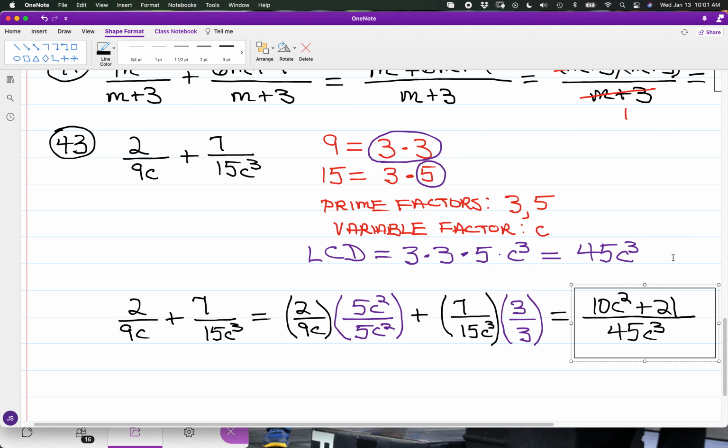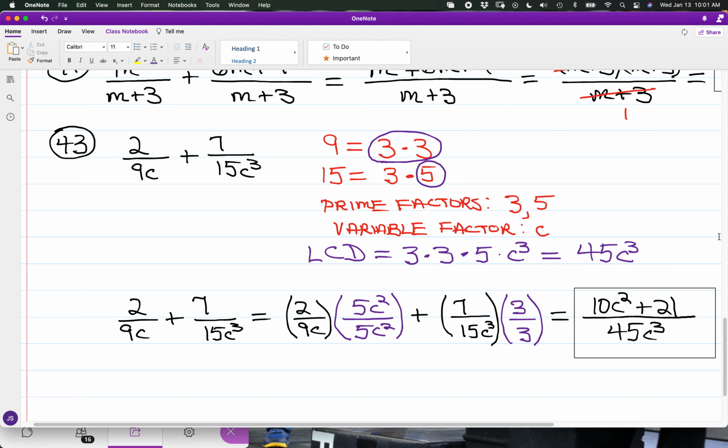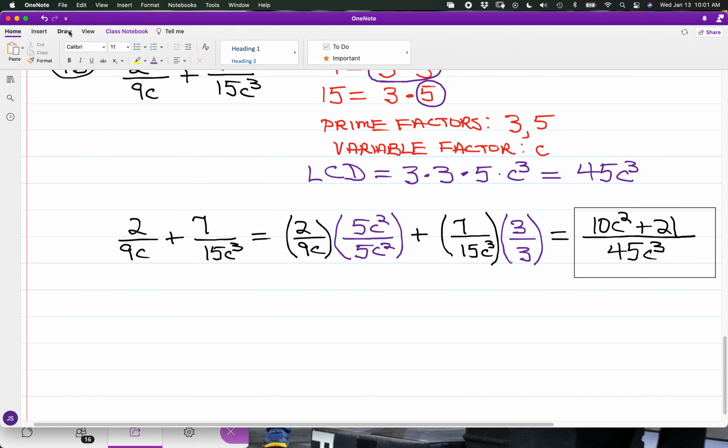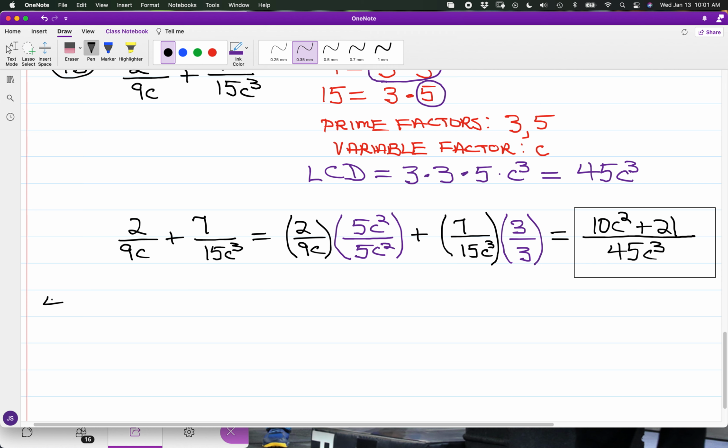Right. Now we have monomial or single term denominators as well as binomial denominators, and looking at combining fractions.